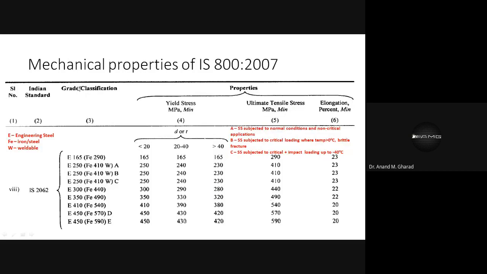Okay. Now see, as far as mechanical properties of steel sections are concerned, IS 800-2007 provides this table, and in this table you will find this information: the grade classification, the Indian standard conforming to these grades, which is IS 2062, and the grades that are provided. For these grades, some important information is also mentioned, right?